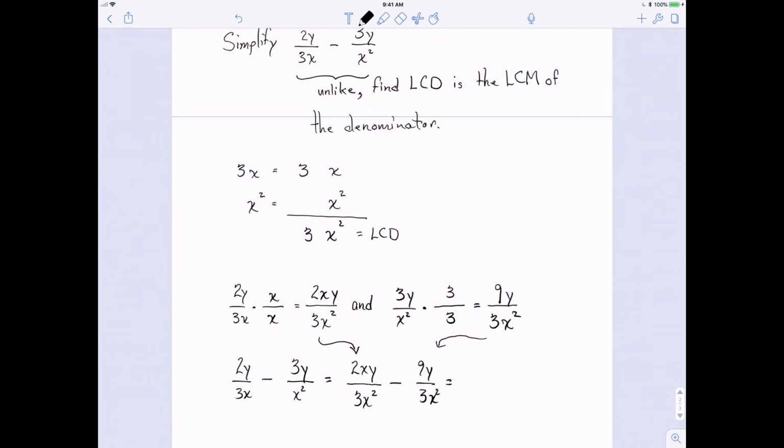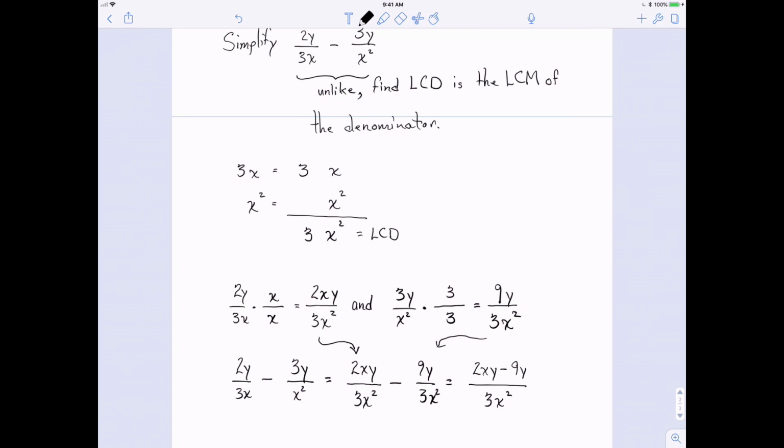So this is going to give me 2xy minus 9y over 3x squared.